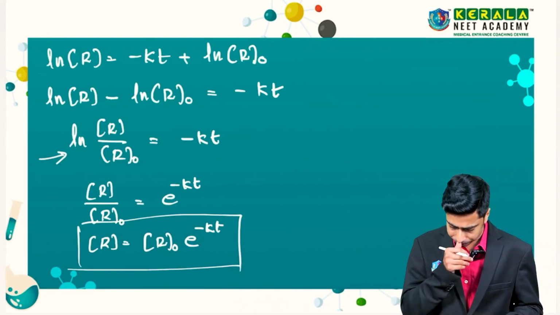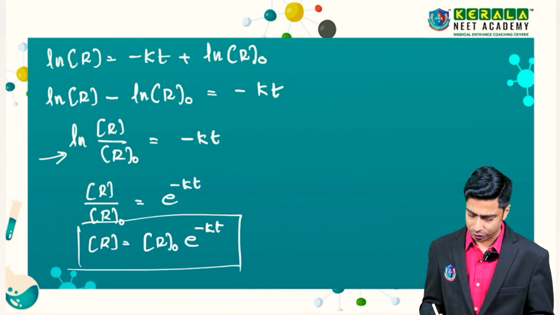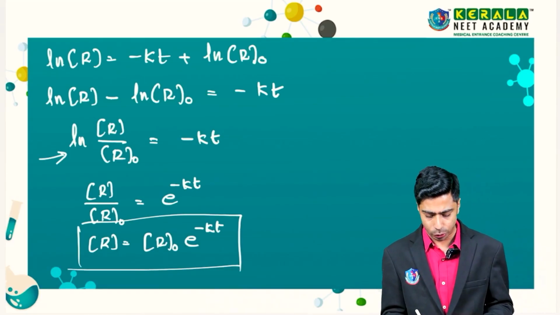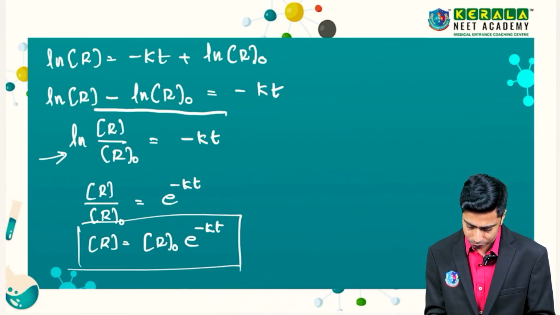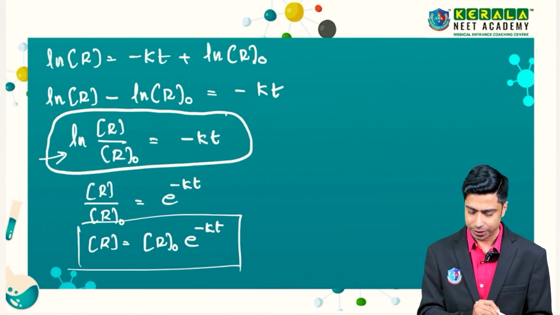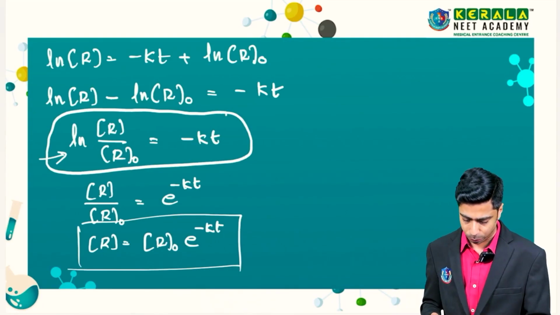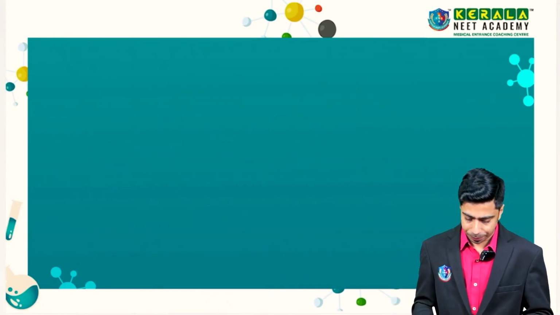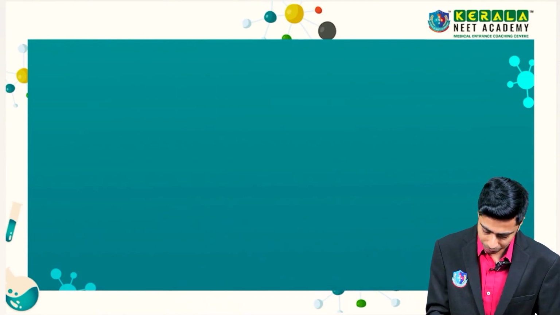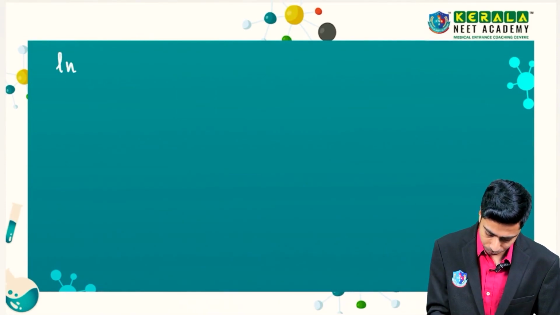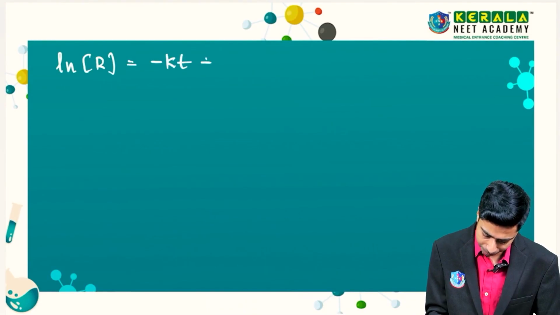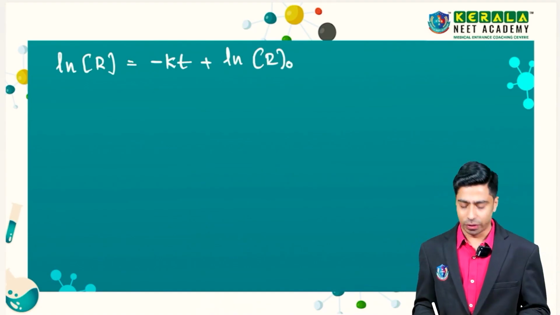Again, now listen, we'll continue with another equation. Natural logarithm of r equal to minus kt plus natural logarithm of r0. So we'll continue with the derivation.